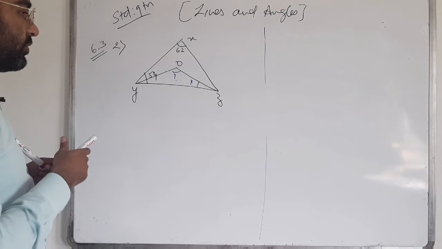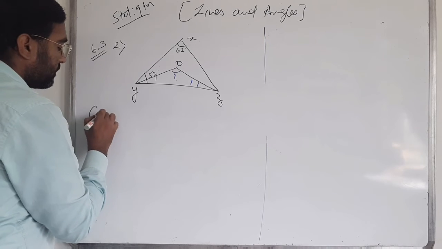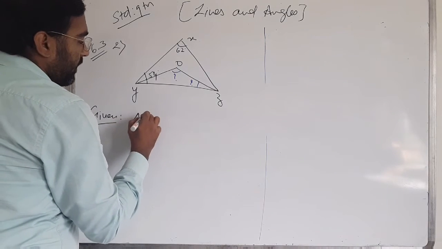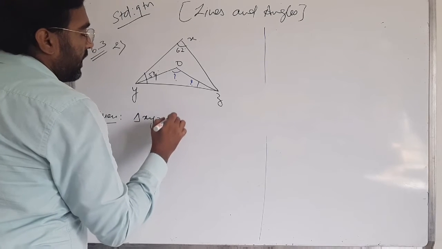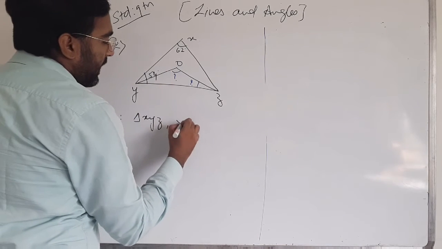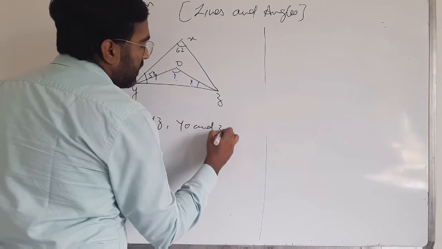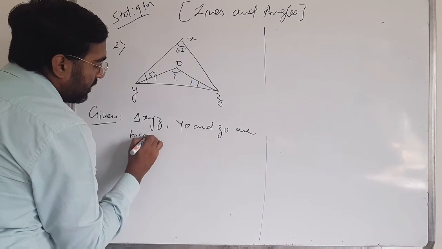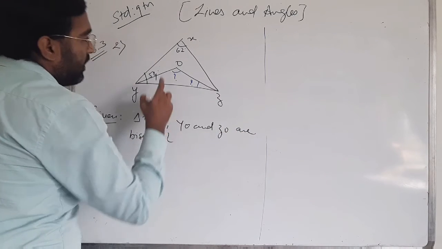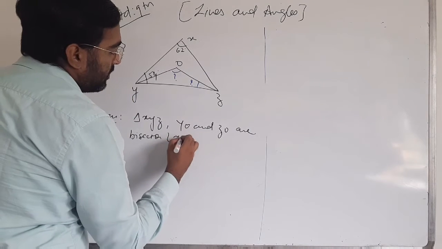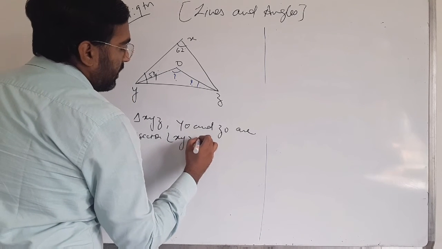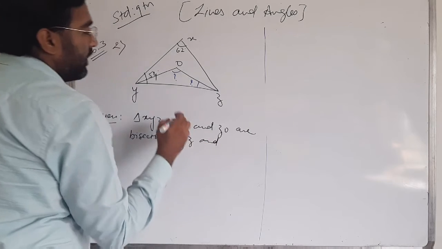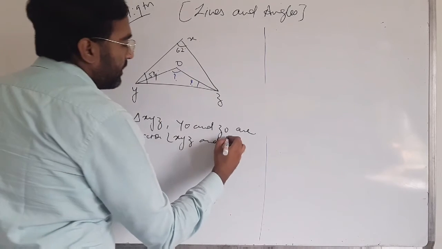Here from the question we should write the given: triangle XYZ, and YO and ZO are bisectors of angle XYZ and angle XZY.